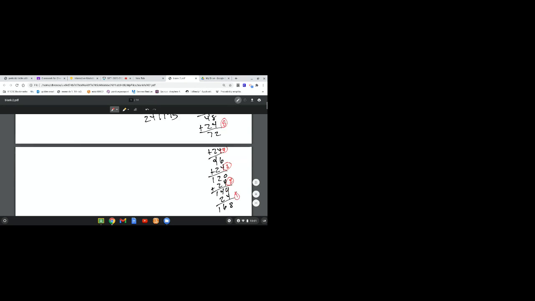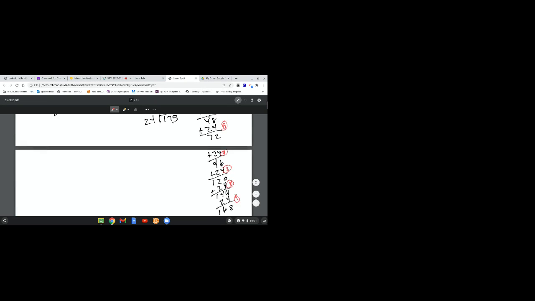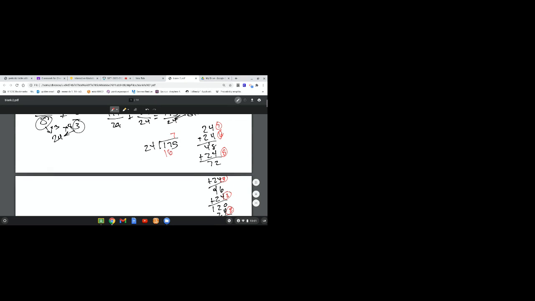So 7 times 24 was 168. So let's see how much I have left over. That's going to be 7. So I have a remainder of 7. So that means that this as a fraction is 7 and 7 over 24. Now, like I said, there's a shortcut to doing this.